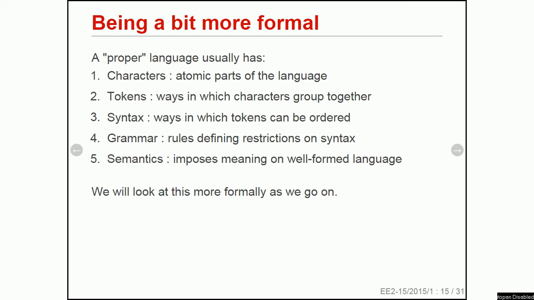So you can't take the letter A and split it up. It's either an A or it's not an A. Tokens are the next level up. We're actually grouping the characters together, and here we're mapping individual characters into meaningful but still low level words or tokens.